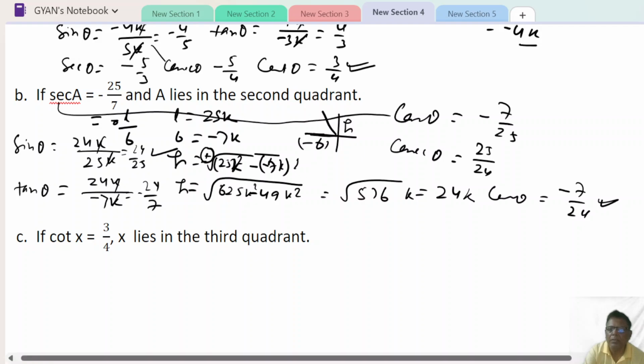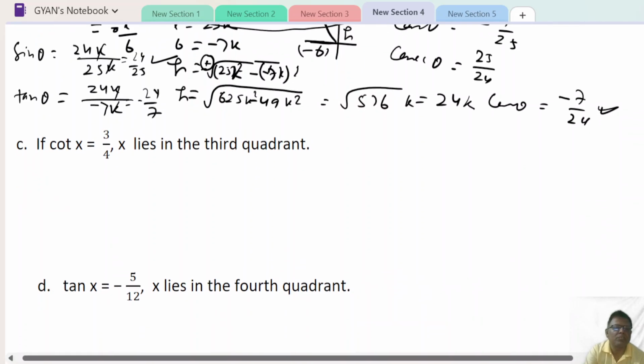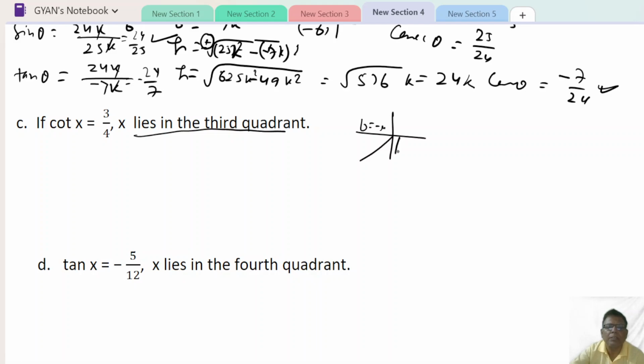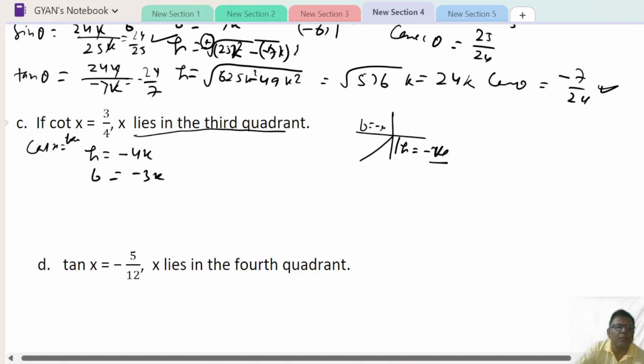Now come to the last question. No, one more question is there. It lies in the third quadrant. In the third quadrant, height is negative and base is also negative. So we can say height is equal to minus 4k and base is equal to minus 3k, because cot x is equal to base by height.